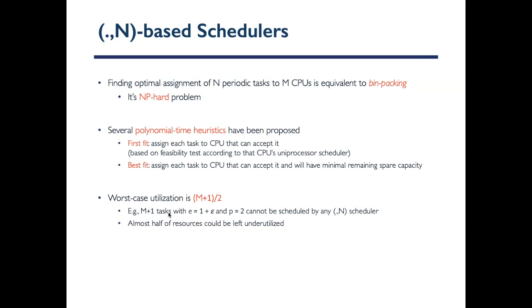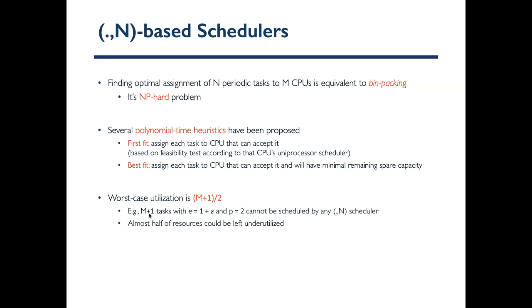Here is an example. So let's say you have m+1 tasks, so n equals m+1. And let's say that the execution time of each one of them is 1 plus epsilon, and each one has a period of 2. And how many of them do you have? m+1. How many CPUs do you have? You have m, right?